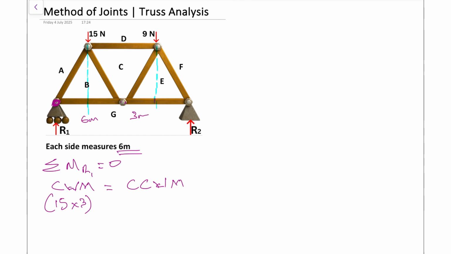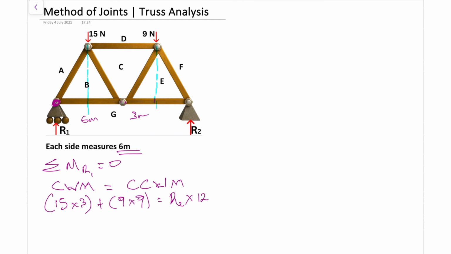So that would give us plus 9 multiplied by 9. Those are the only forces trying to pivot this in a clockwise motion. The next force is R2, and its distance from our pivot point is 12.